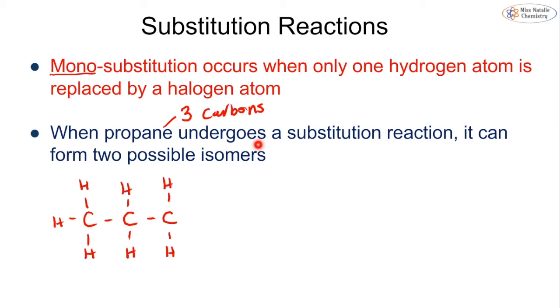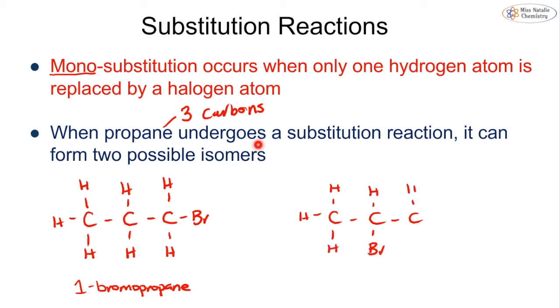what can happen is we could replace this hydrogen here with a bromine, and we would call this 1-bromopropane. And we call it this because the bromine is on carbon number 1. However, the bromine could substitute onto carbon number 2, and we would get a molecule then that looked slightly different, where the bromine is now on the 2nd carbon, and we would call this one 2-bromopropane.